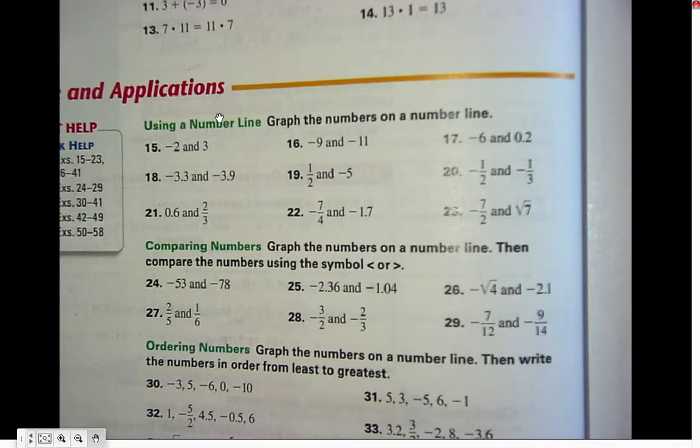All right. So your homework tonight. It's on the board. It's also on your assignment sheet. It's page 6, 21 to 29 odd, and then 33, 35, 36, 38, 51 to 57 odd.